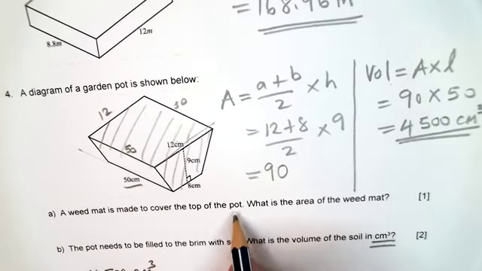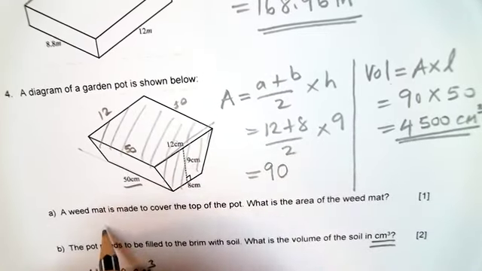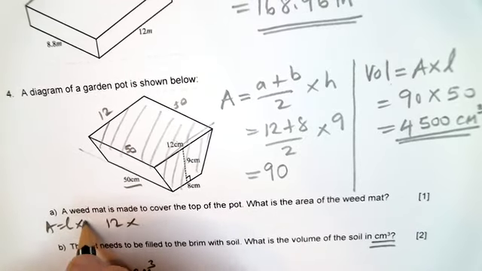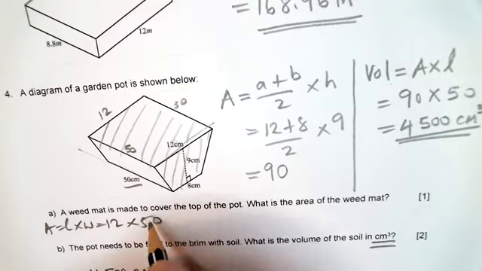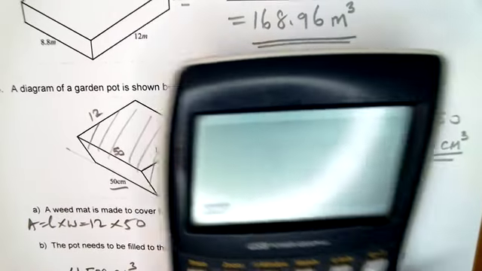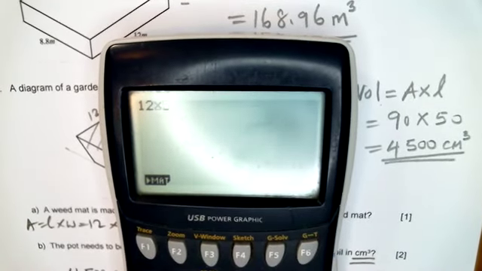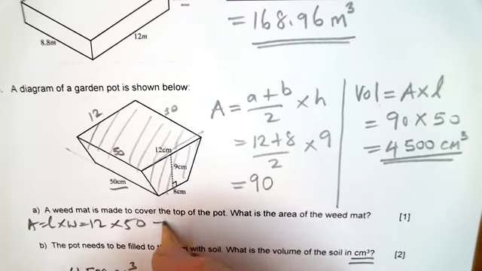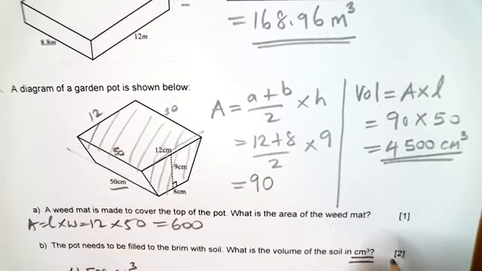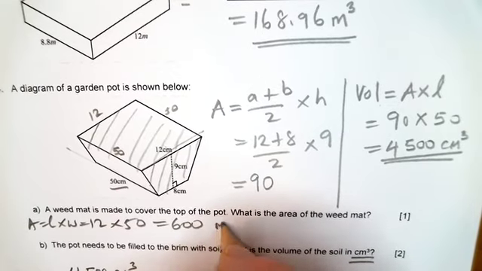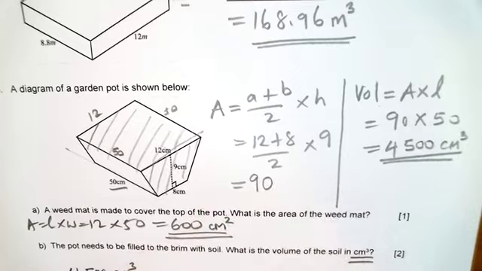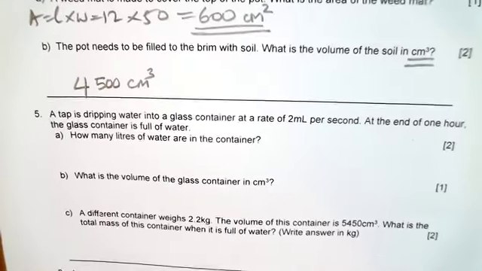So the area of the top is length times width, which equals 12 times 50. So 12 times 50 is going to equal 600. And it's going to be in centimeters, so it's going to be square centimeters. There we go. All right.